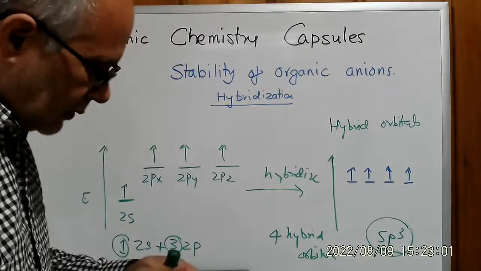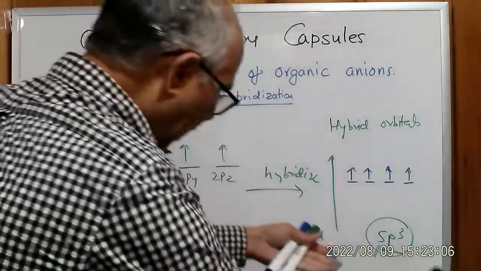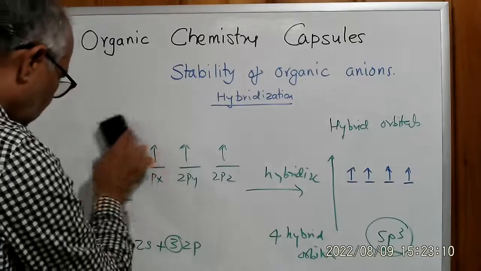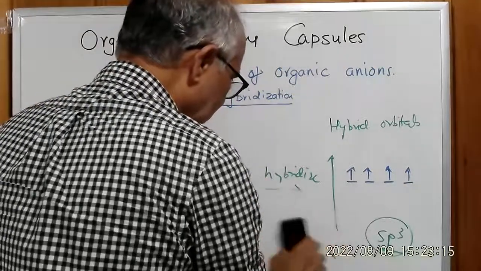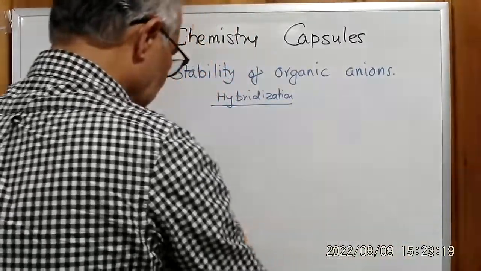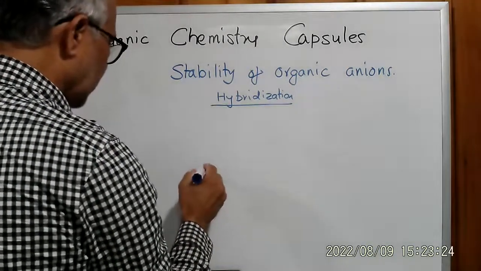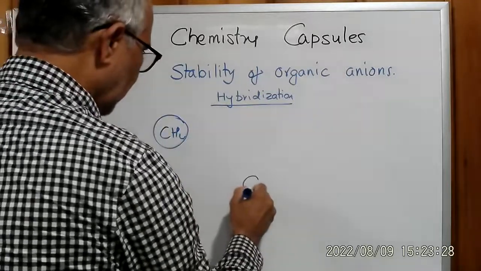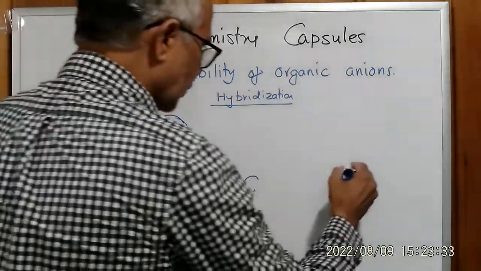Now, at this point, carbon has hybridized to form the sp3 hybrid orbitals, 4 of them, and now the sp3 hybrid orbitals are used to form bonds with the 4 hydrogens. If we just take this simple example, carbon is there, the hybrid orbitals of carbon are shown like this.